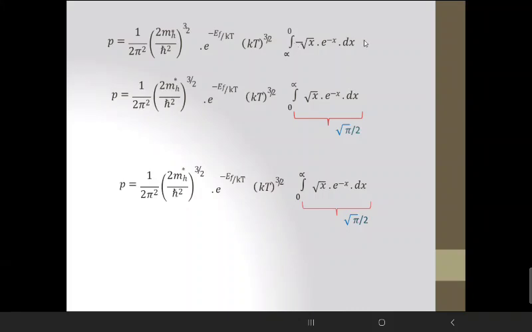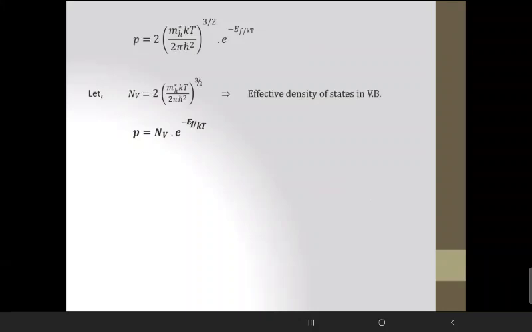When you multiply by minus, the limit will be changed to 0 to infinity and the integration becomes root of x exponential of minus x dx, which is equal to root of pi by 2. So 1 over 2 pi squared, 2 mh star over h cross squared to the power 3 by 2, exponential of minus Ef over kT, 0 to infinity root of x exponential of minus x dx, that is equal to root of pi by 2. So you need to apply that.